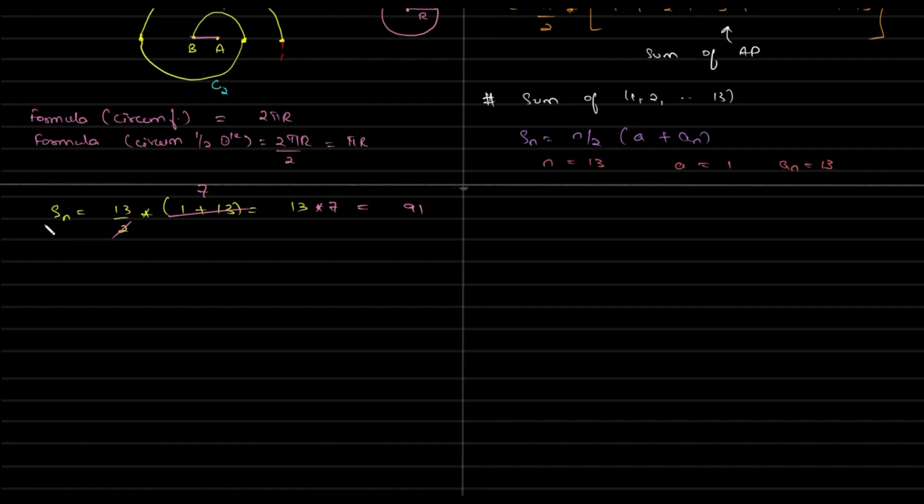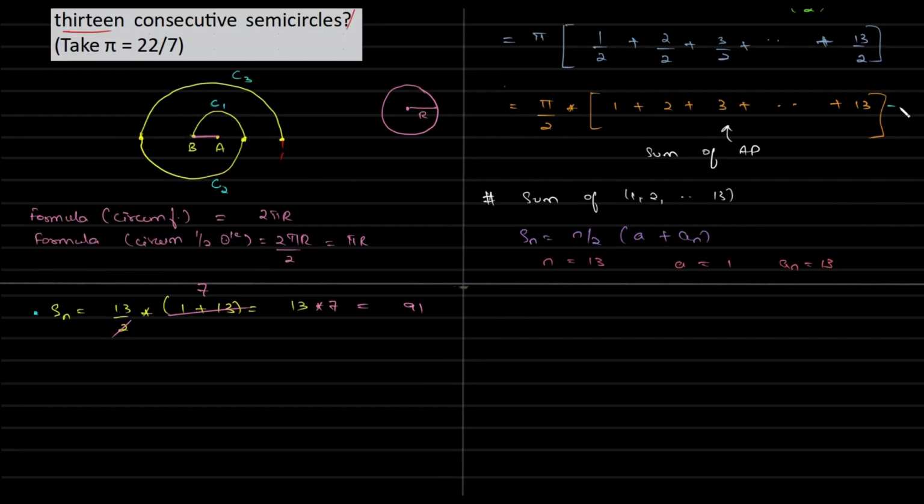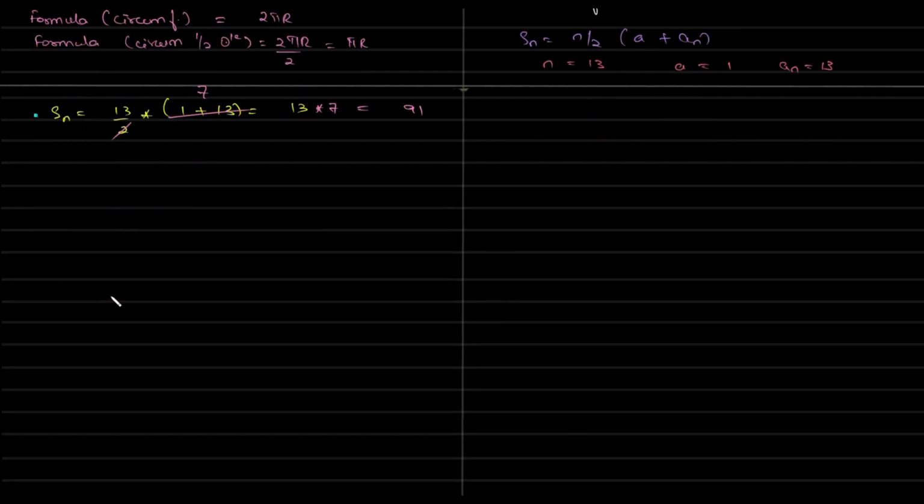Okay, so next we need to substitute this back into equation 1. So let's call this particular thing equation 1. Next step is to substitute Sn into equation 1. Equation 1 is talking about total length being equal to pi by 2 into 91.